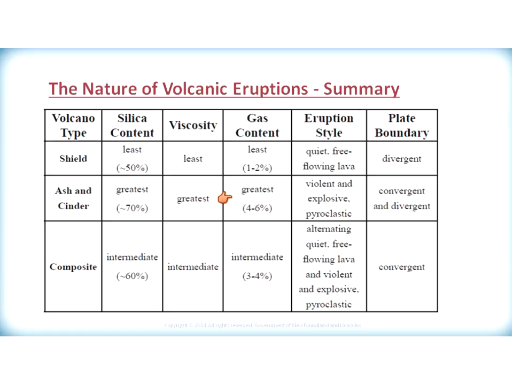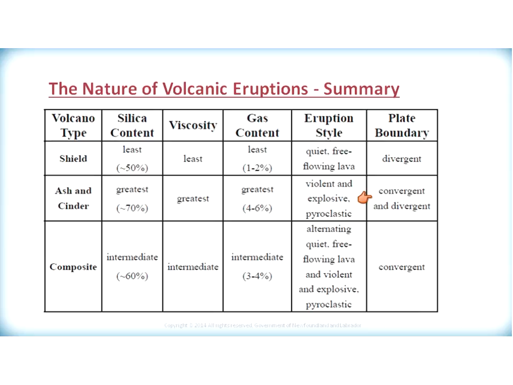Therefore, because they have a great viscosity and a great amount of gases within the magmas, they tend to erupt violently and explosively, ejecting pyroclastic material to the surface. These types of volcanoes are found at convergent, and some can be found at divergent boundaries. So ash and cinder cones are predominant along convergent and divergent boundaries.